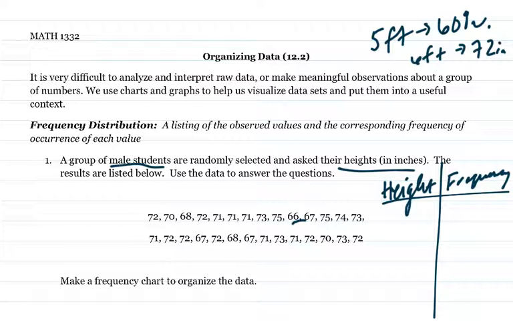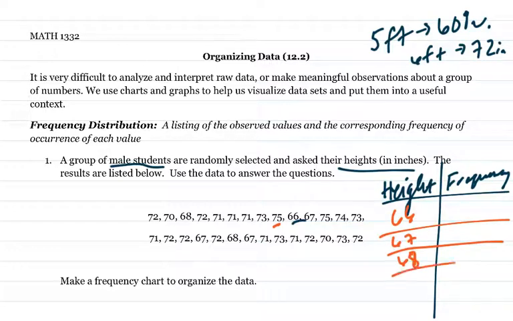So we'd start with 66. And then it goes all the way up to the highest value, which is 75. So 66, 67, 68, 69, and I'm actually probably going to have to do this on another page just so we have enough room.